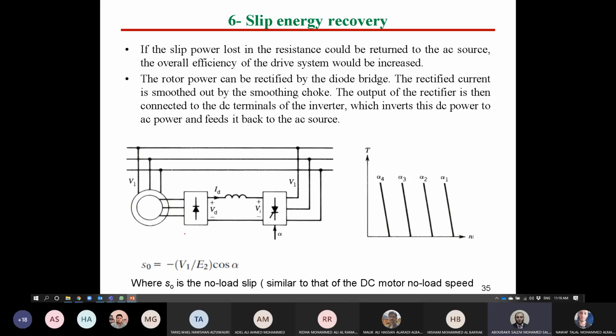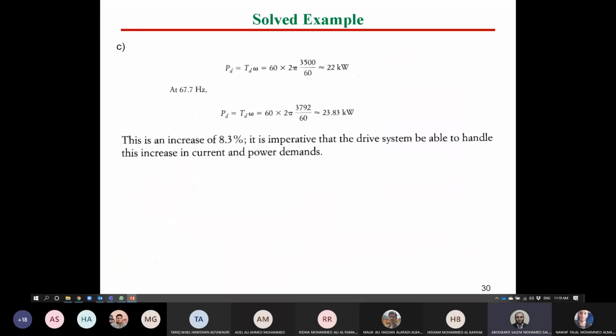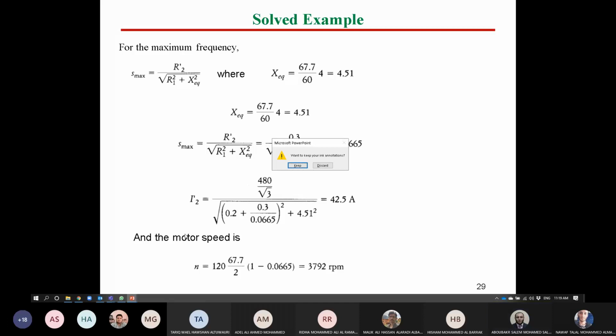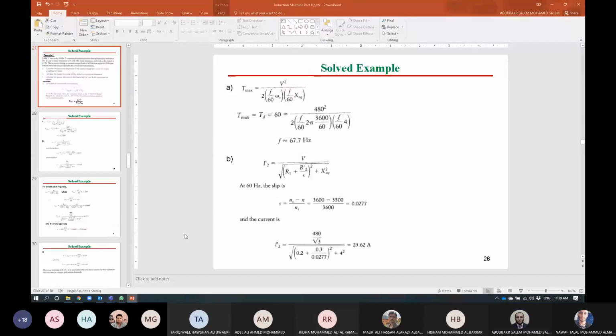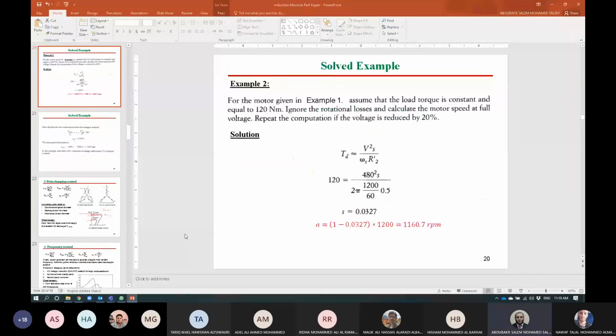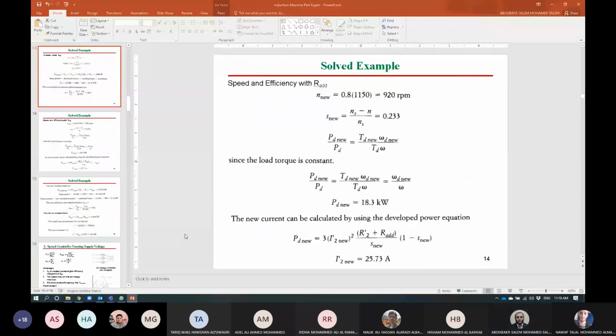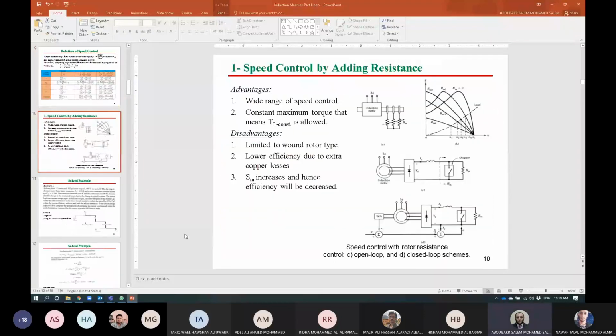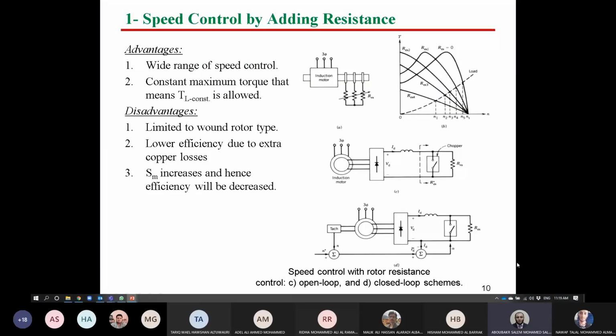In order to understand that, let's return to the added resistance again. Just to see this slide together. Here, guys, in this technique, either open loop or closed loop, we said that we rectify the AC power from the rotor to DC.